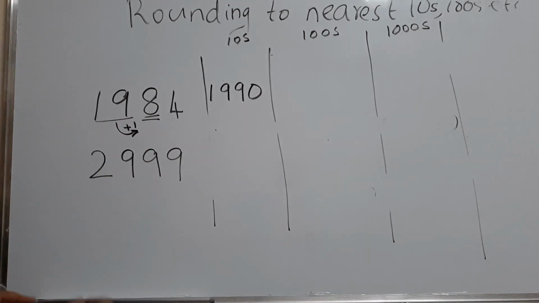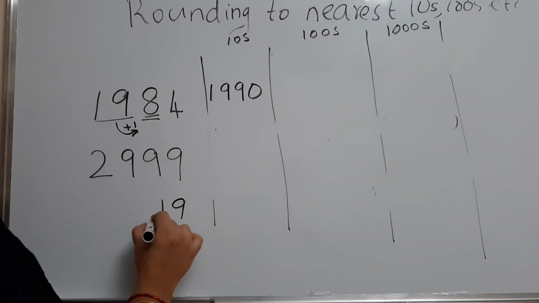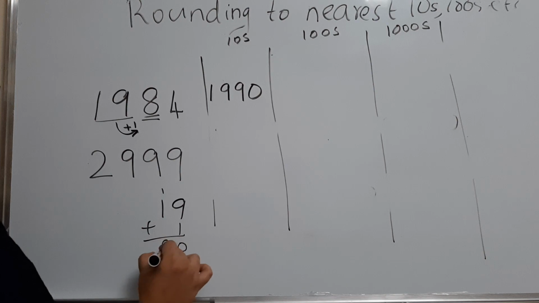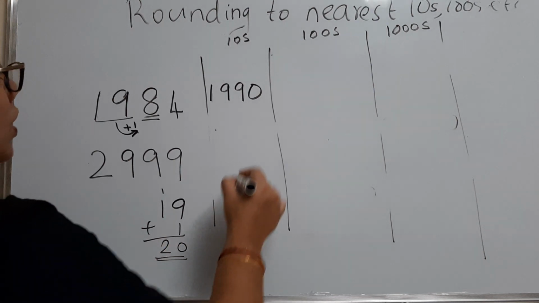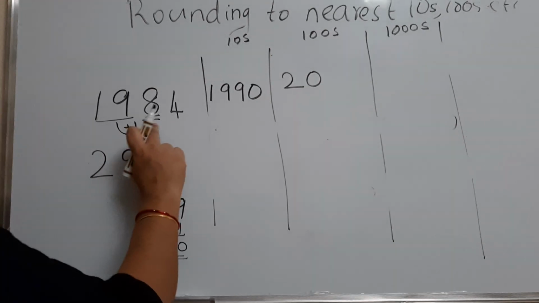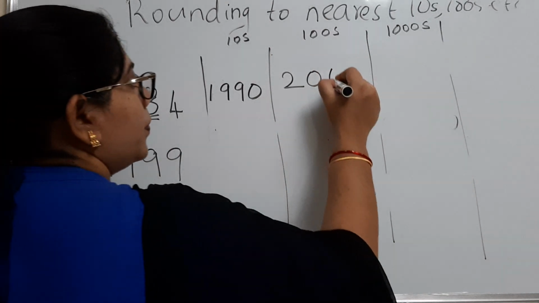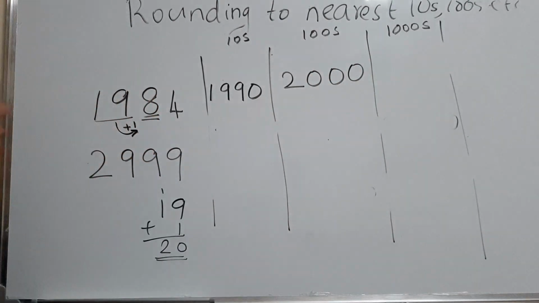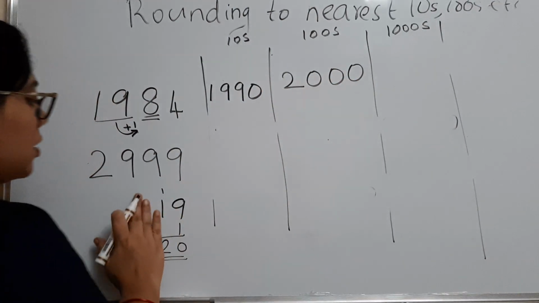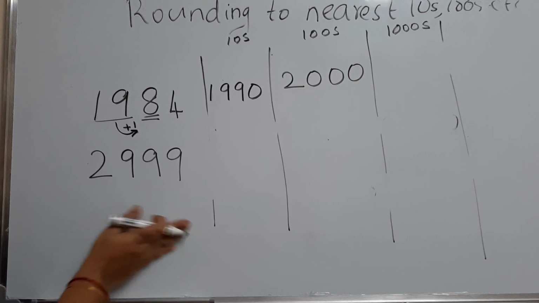What is 19 plus 1? 9 plus 1, 10. 1 plus 1, 2. So 19 plus 1 is 20. Right? Followed by these two numbers you want to put as 0. So now you got the answer as 2000. Right? Here you don't want to bother about anything.